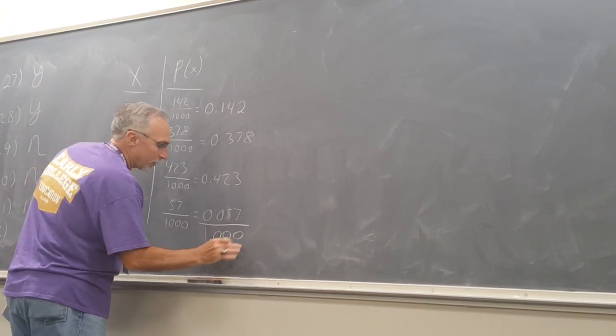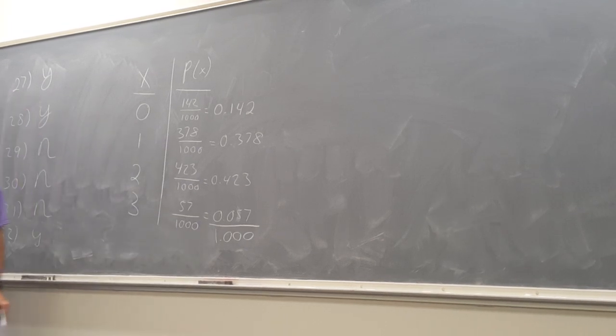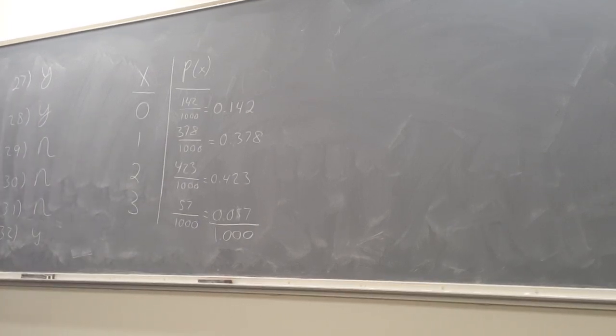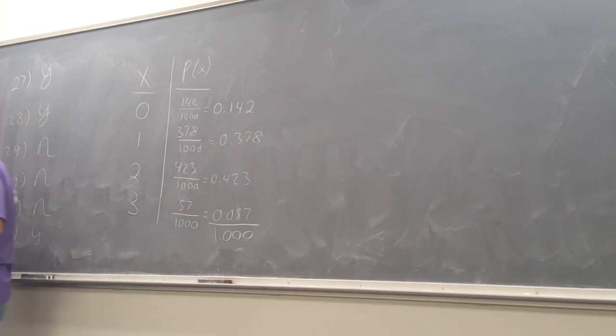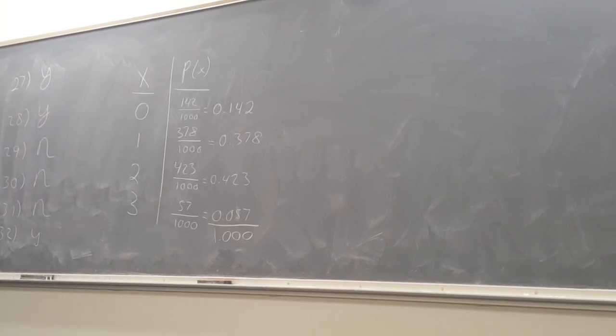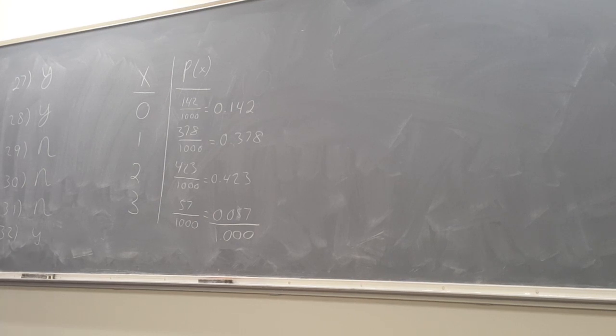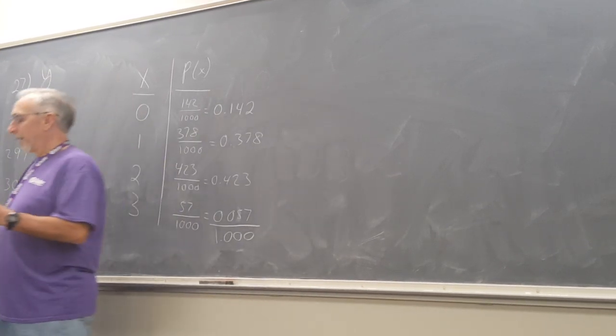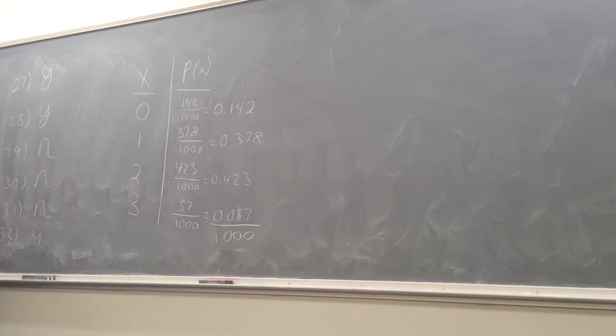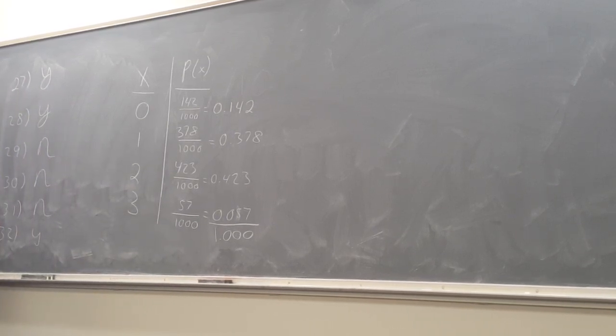You'll have to let me know, just in case. Now, it's possible you could be off, just because of rounding. And that's why it's always good to carry these out to more decimals rather than fewer.